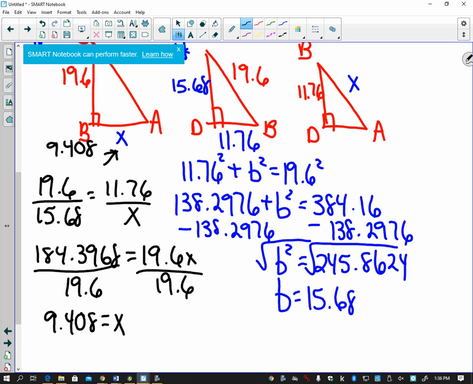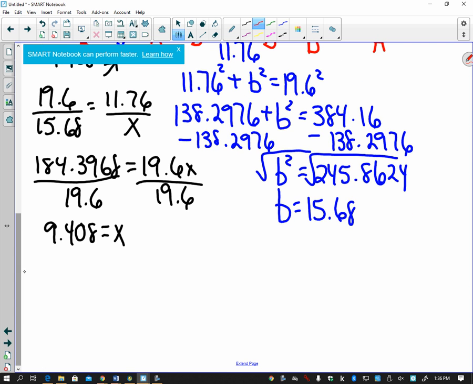All right, now the last step, can I just do Pythagorean theorem here? Okay. So if we do 19.6 squared plus, what do we have, 9.408 squared should equal that c squared.